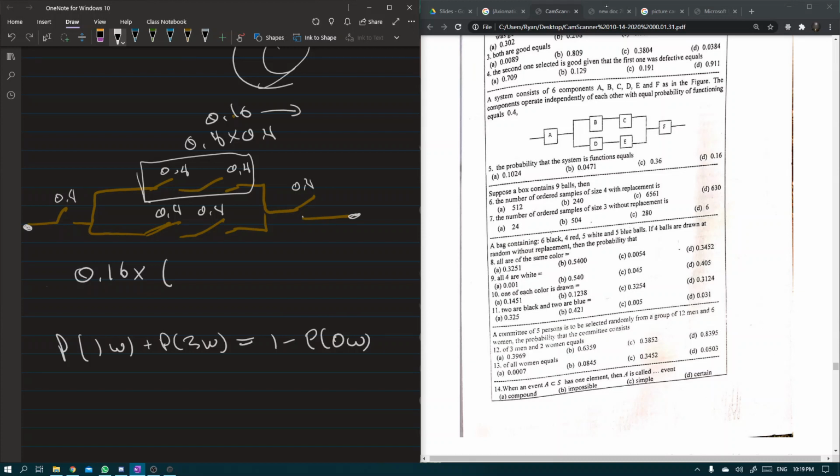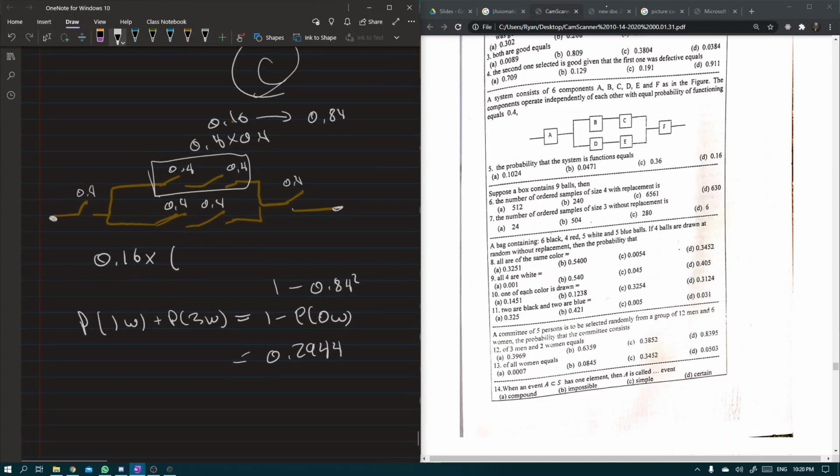The probability that this works is 0.16, so the probability that it doesn't work is 0.84. The probability that both don't work is 0.84 squared. So the probability that at least one works is 1 minus that, which is 0.2944. Then 0.16 times 0.2944 gives 0.0471.